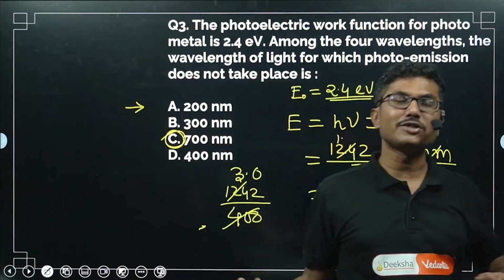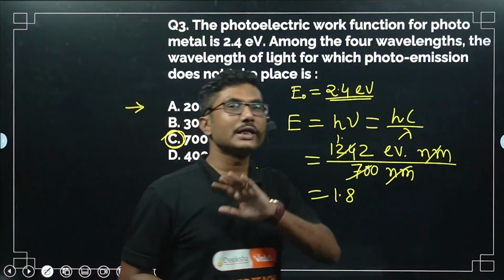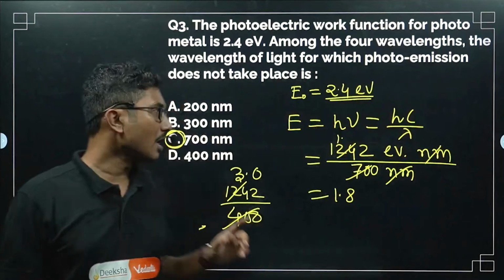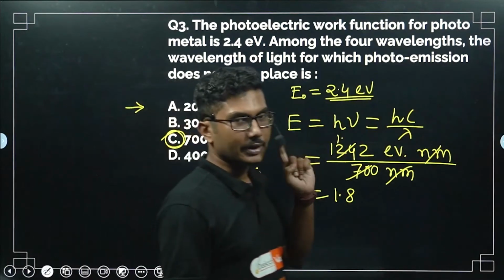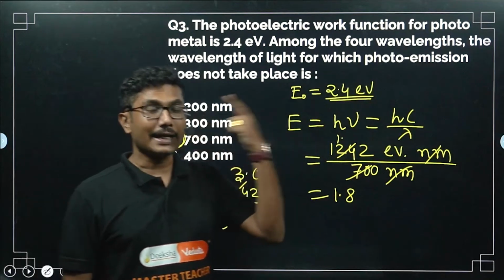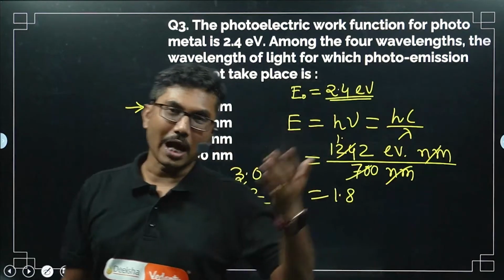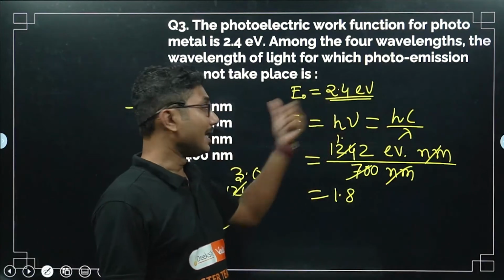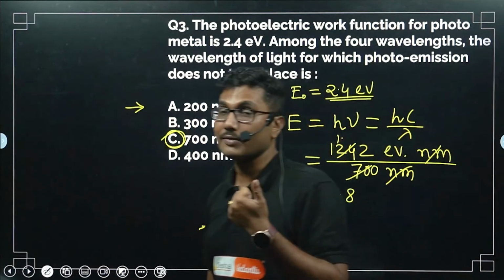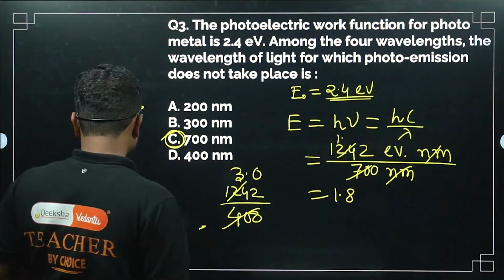For lowest it will always be possible, for highest it will not be possible. That is the logical reasoning. Because there is only one correct answer, the only logical answer should be the highest wavelength. And for possible, the only possible answer should be the lowest one. The higher wavelength should be less than the requirement for threshold frequency or threshold work function, right? So you have to remember that.